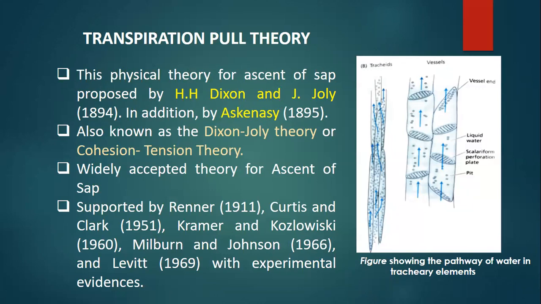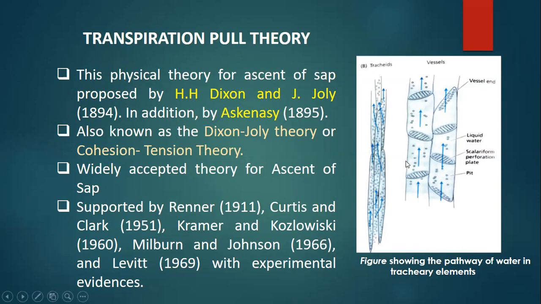This theory is also known as the Dixon-Joly theory or cohesion tension theory, and it is a widely accepted theory for ascent of sap. This theory was supported by several physiologists, some of them being Renner, Curtis and Clark, Kramer and Kozlowski, Milburn and Johnson, and Levitt, by providing experimental evidences.